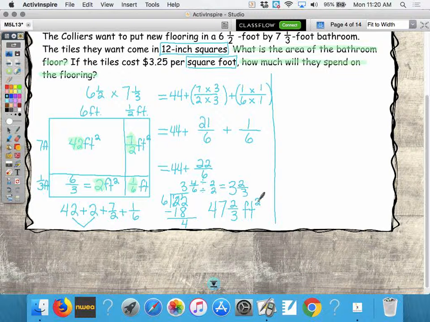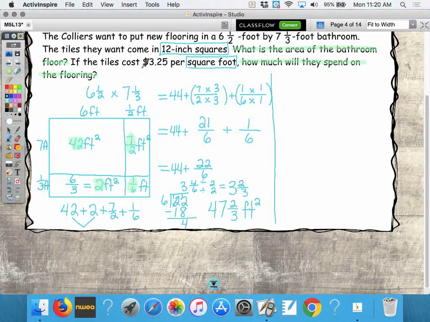We figured that out. And in order to figure out how much it costs, Vaughn, what do you think I need to do here? I gotta take my total amount of tile needed times what? Figure out the cost. Times 3 2/3.